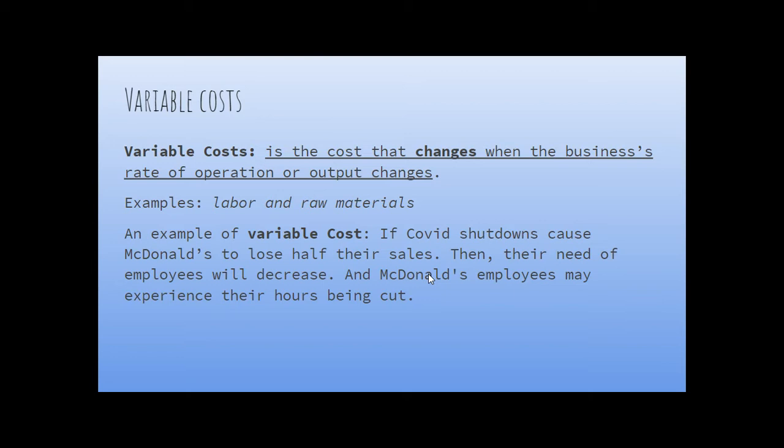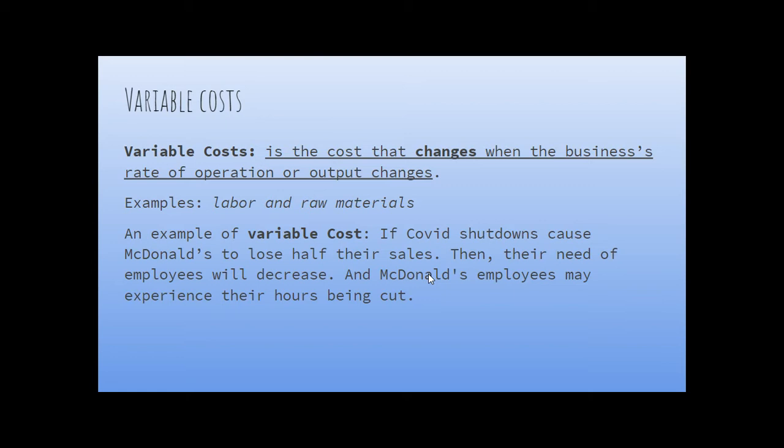Some examples of variable costs would be labor and raw materials. Variable costs change, for example, with the price of what McDonald's wants to buy, like packed hamburger buns.